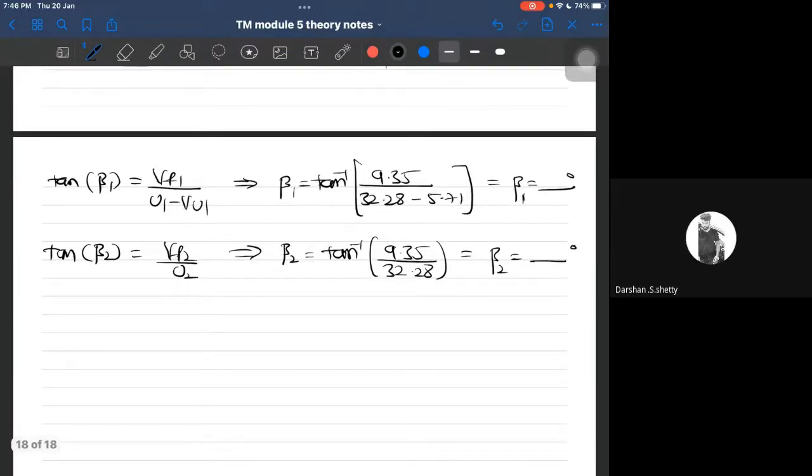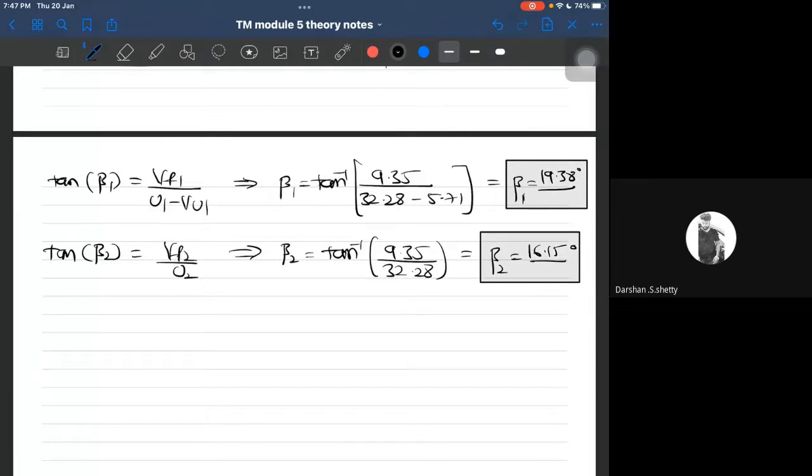Calculate it. 19.38, correct? So this is 19.38 degrees and 16.15 degrees. So both the inlet blade angle and outlet blade angle are calculated.